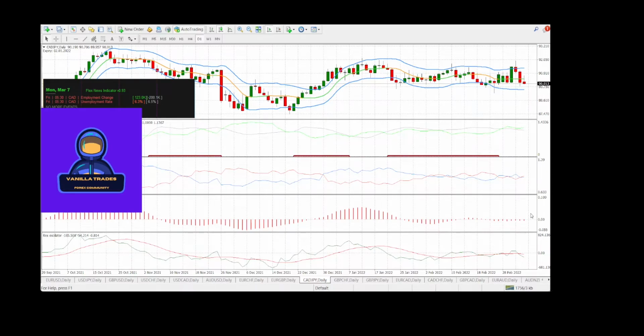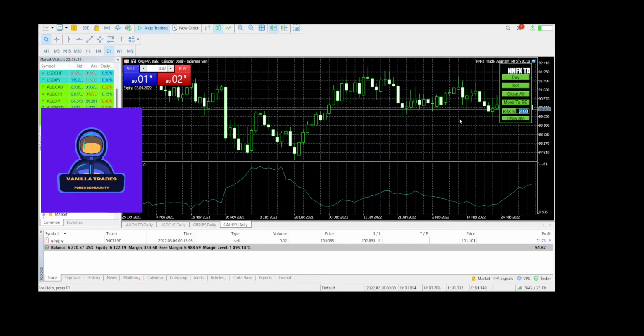I can hide this here. ATR indicator is at 91. So what we're doing is, because we're on a prop fund challenge, we don't want to be risking 2% per trade because the maximum drawdown is 8%. So I'm moving that to 1%. So we have a 1% risk, and if we sell, we should have 2 trades coming up here. There you go. So we have 2 trades coming up here.